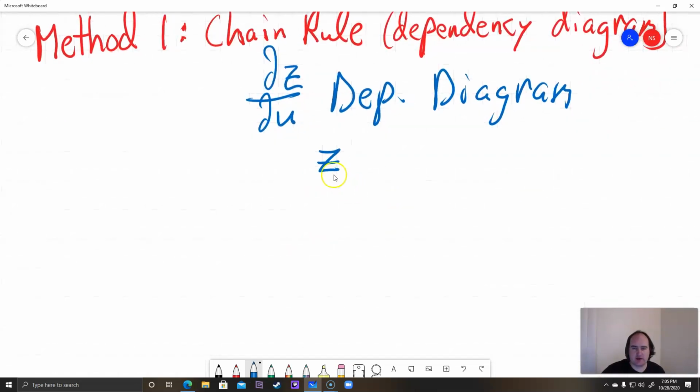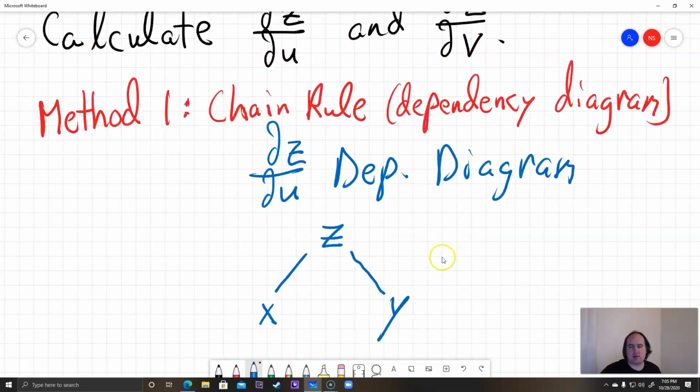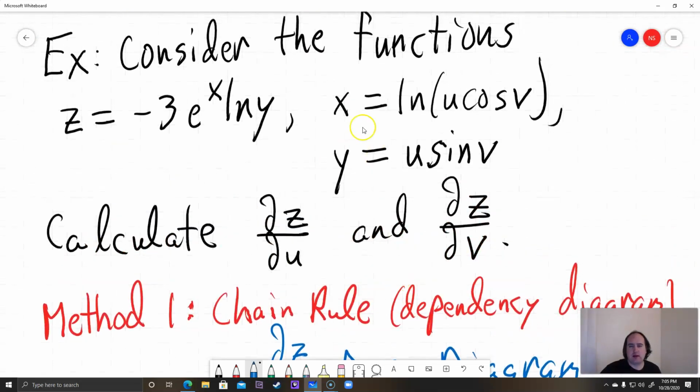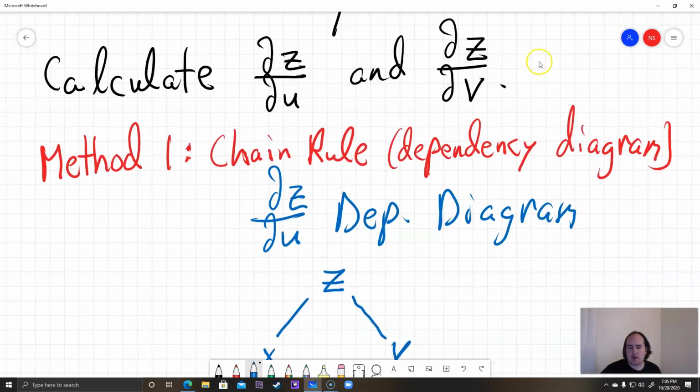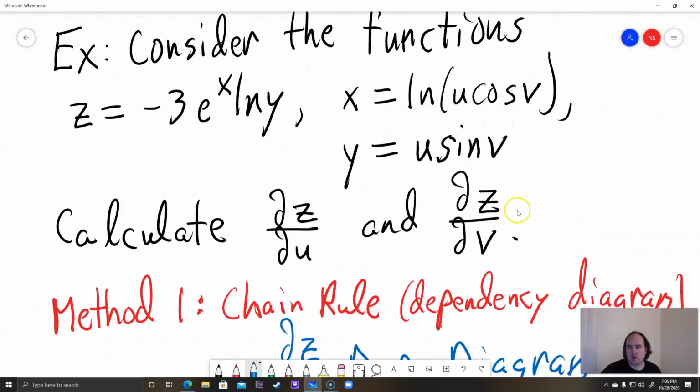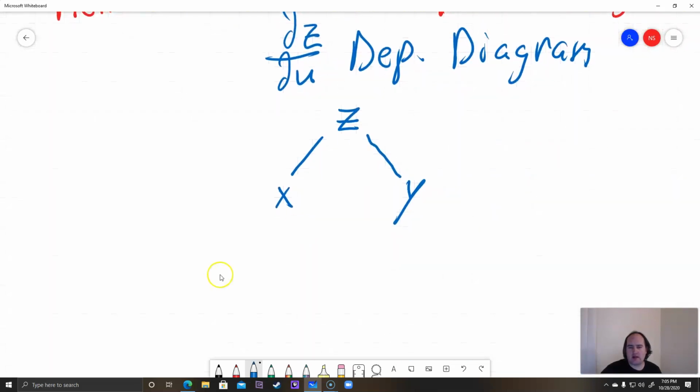Because it's a function of two variables, z is going to split into x and also into y. And then since we're doing partial z partial u, x is a function of u and v, and y is also a function of u and v. But since we're doing partial z partial u, we're going to end our dependency diagram at u on the bottom.